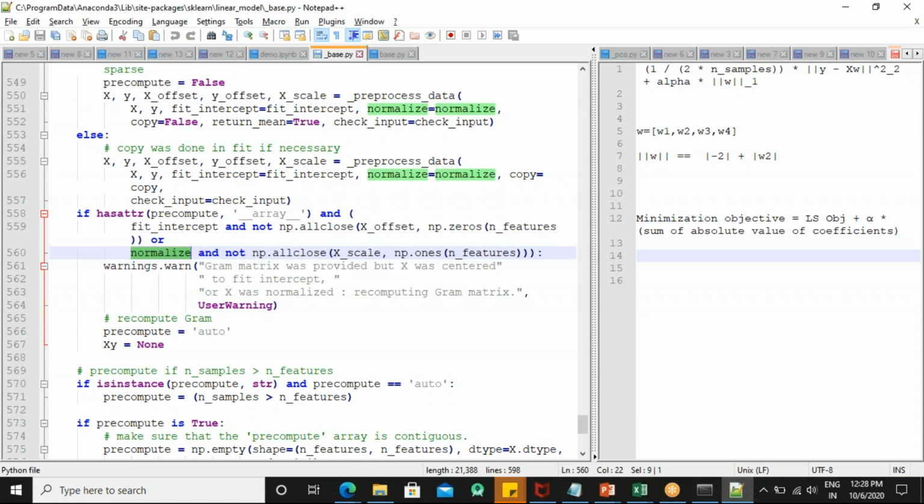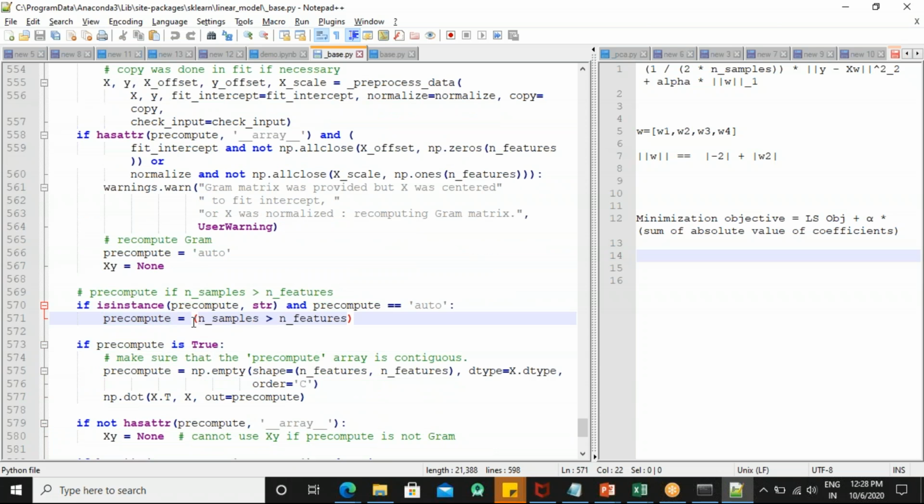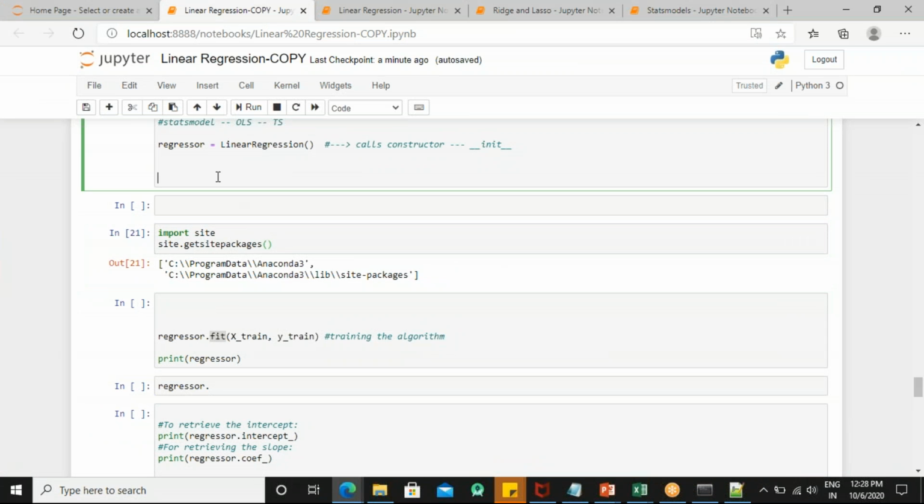So normalization and all. So be aware about these stuff, pre-compute and all. These are your hyperparameters. So if you want to see what is the impact of my hyperparameter, then you can check here.